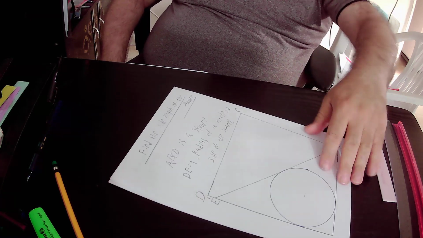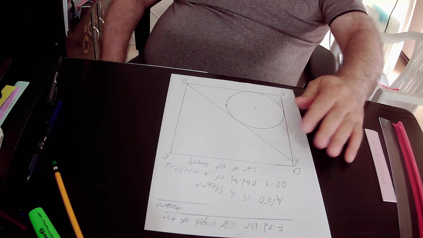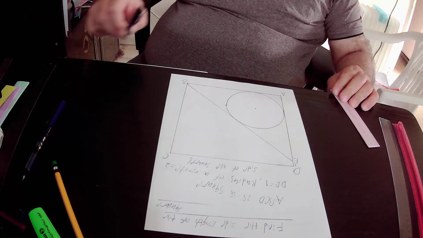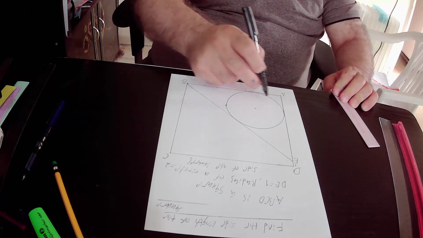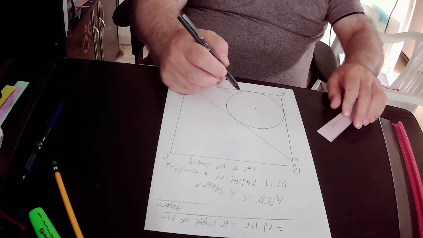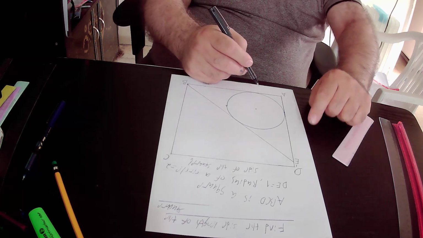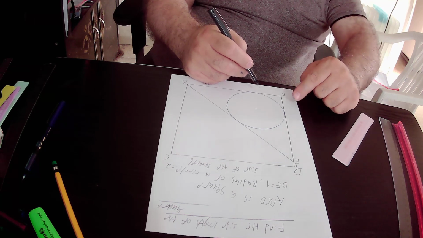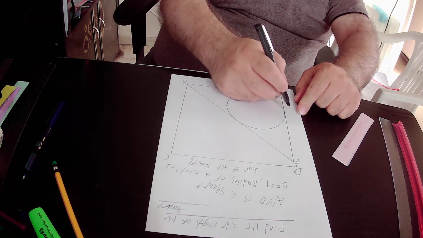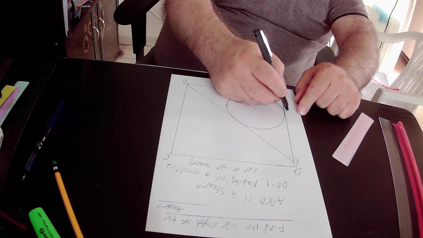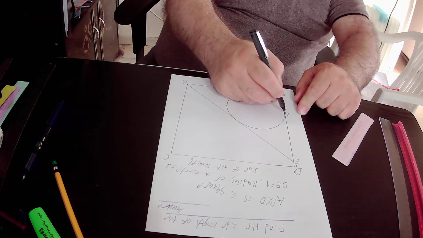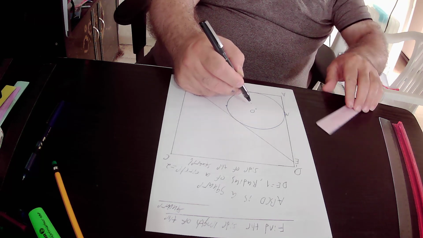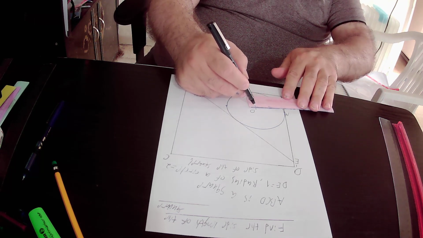So first of all, we know that the radius of this circle equals 2 units. Here we will define the point of tangency of tangent AD with this circle as point M. We will define the center of this circle as point O, and we will join points M and O together by a straight line.